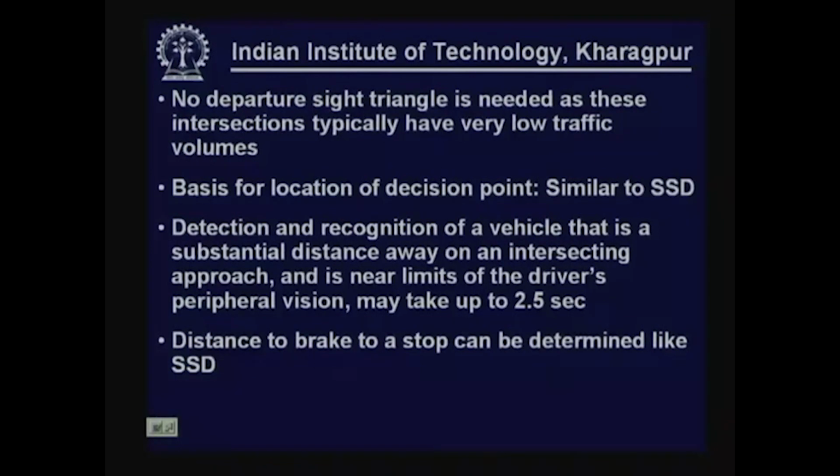Normally, no departure side triangles are needed, as these intersections typically have very low traffic volumes. Consider a vehicle from a minor road, or even from the major road. Suppose it is stopped because a potentially conflicting vehicle was coming along the other road.